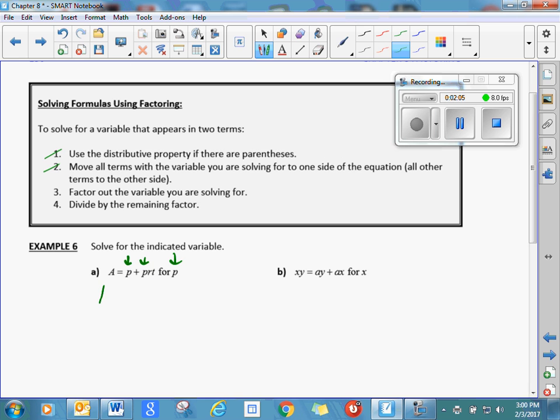So they have P in common, and I can factor it out and end up with that. That's handy, because now if I divide both sides by 1 plus RT, this factor right here, my P is alone, and my answer is A over 1 plus RT.